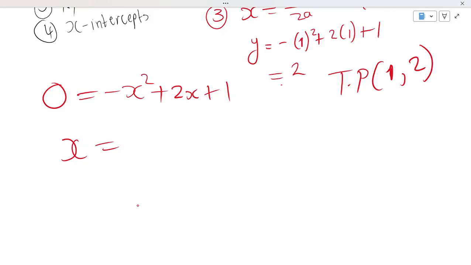The first one is negative 0.41. The second one is 2.41. Right, so this is fine.